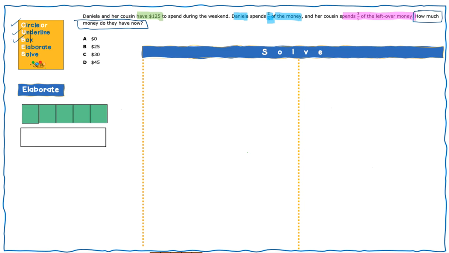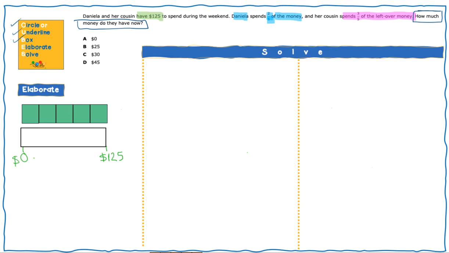So all of this money is gonna be how much? Yes, 125, because this is all the money they have. So this will be the whole. Great. So this is like going from $0 to $125.